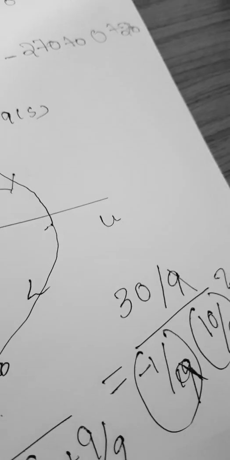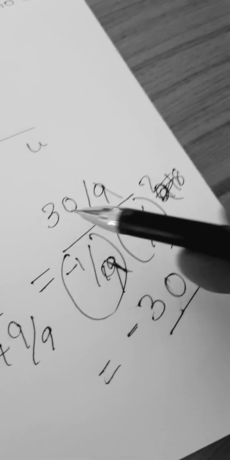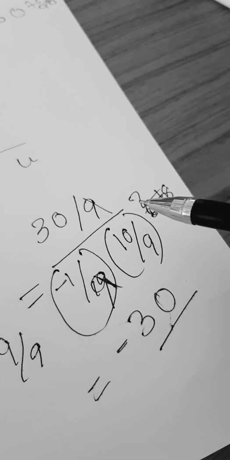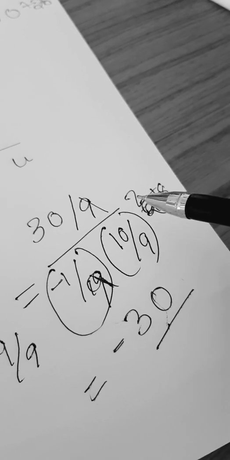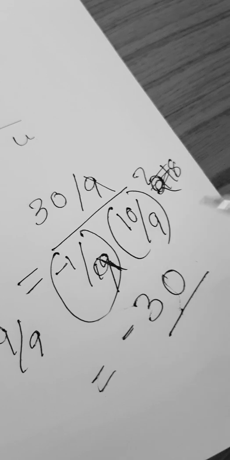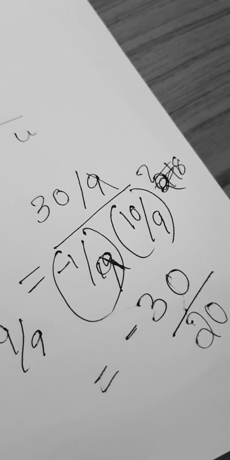So you will get minus 30 divided by 10 into 2, that is 20.